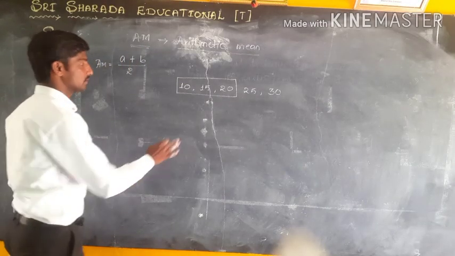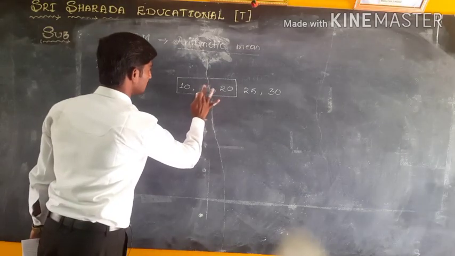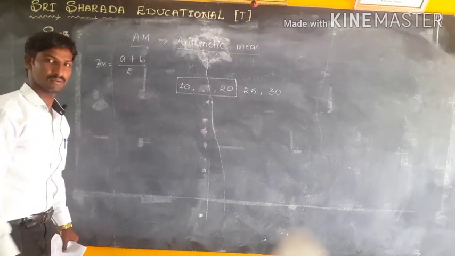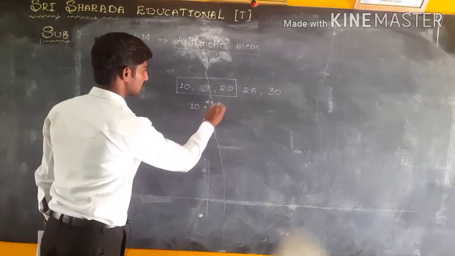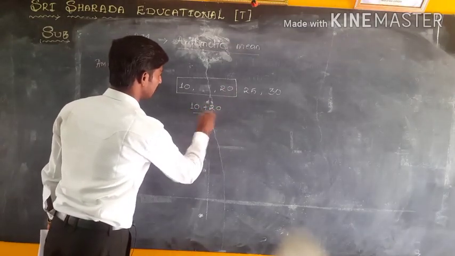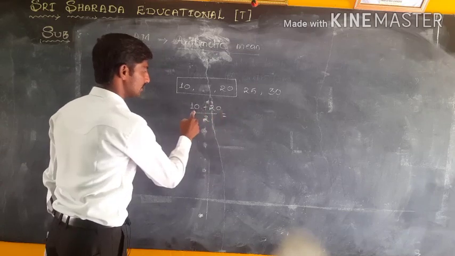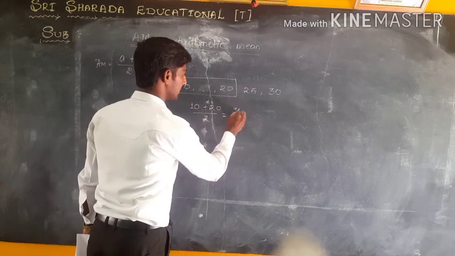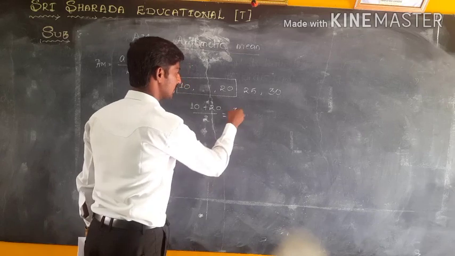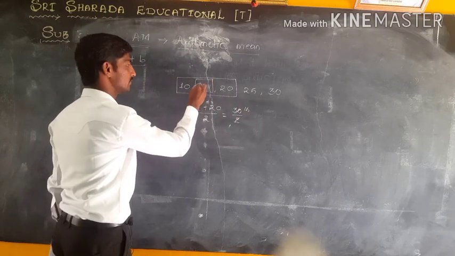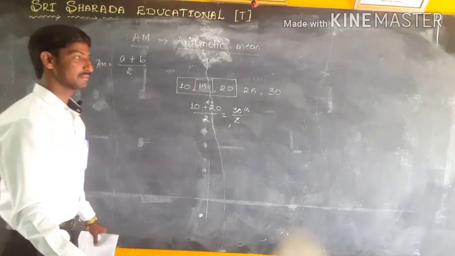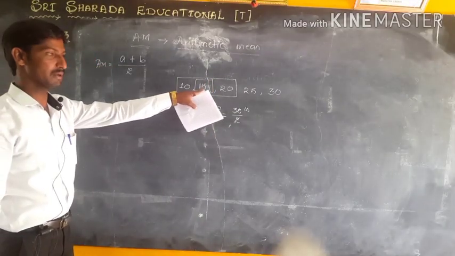If I don't know which number is present here, how to find it? Very simple. 10 plus 20 divided by 2, 10 plus 20 is 30 divided by 2. 2 ones are 2, 2 fifteens are 30. So the missing number is 15. So that is called arithmetic mean.